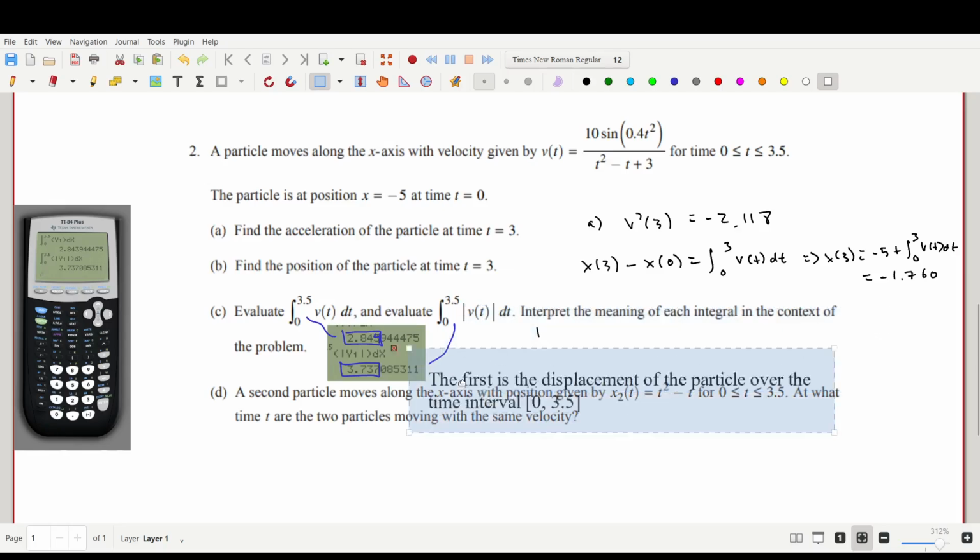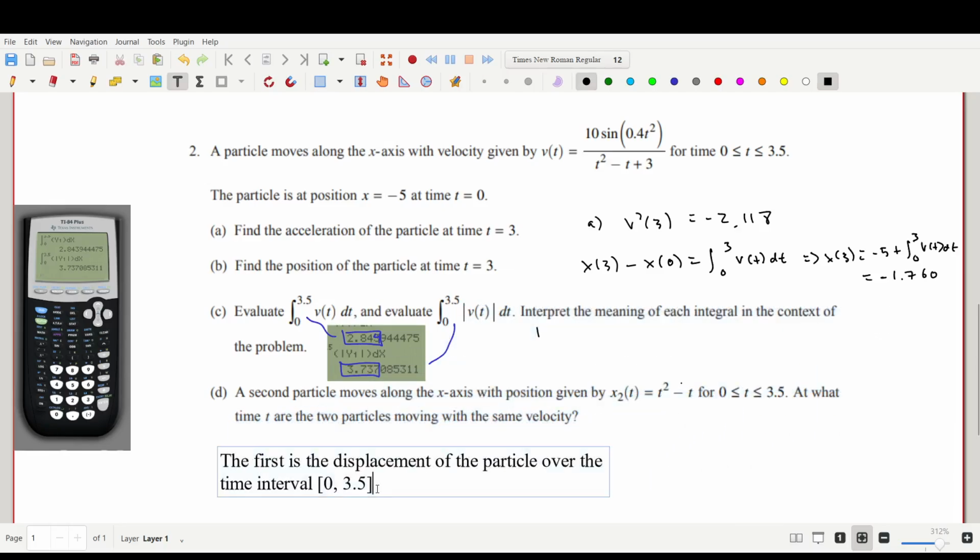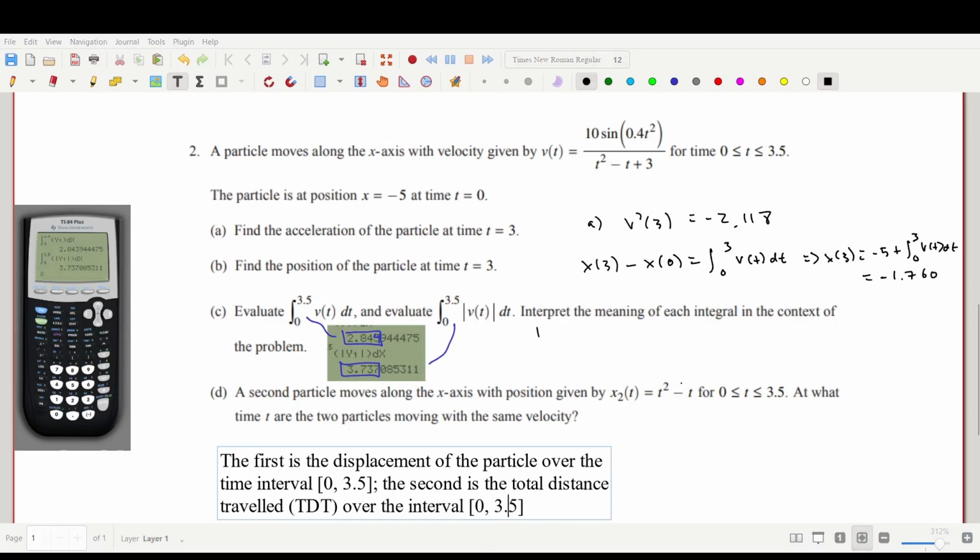I'll move this down to a legible place. The second is the total distance traveled, TDT. Oh my, I cannot type today. Cool. Looks good. That's for C.